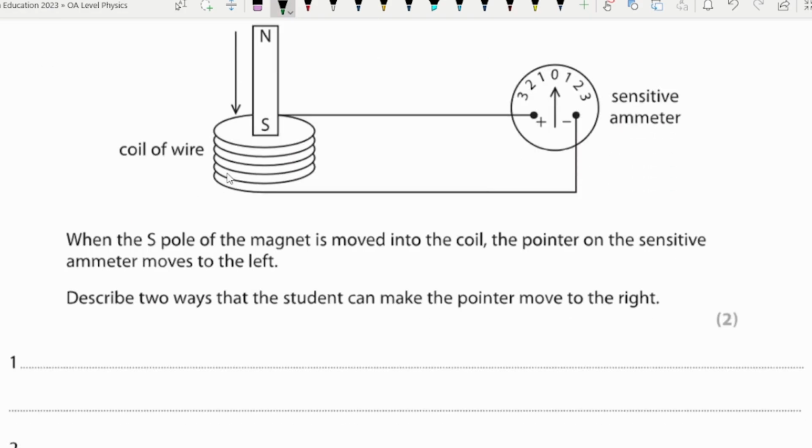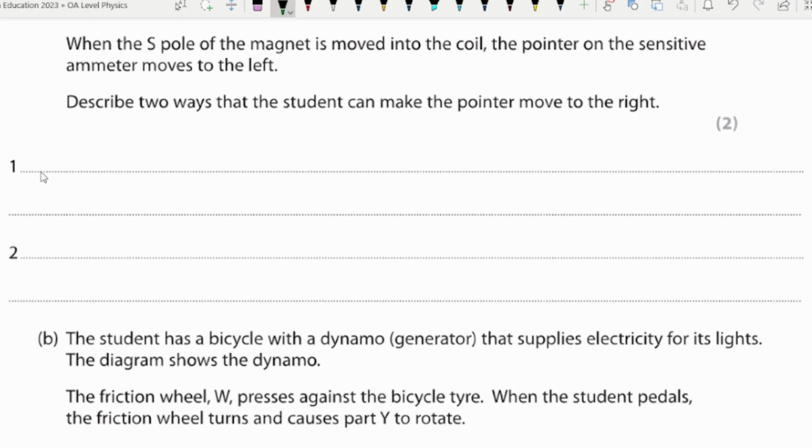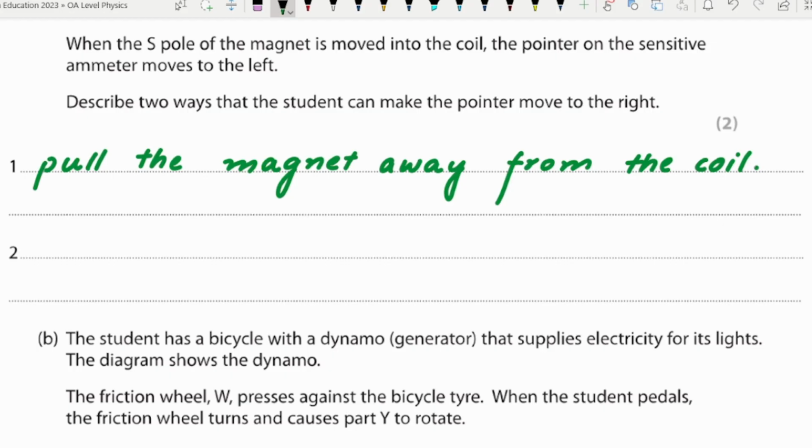So number 1, pull the magnet away from the coil, and then you have to write one more pointer.